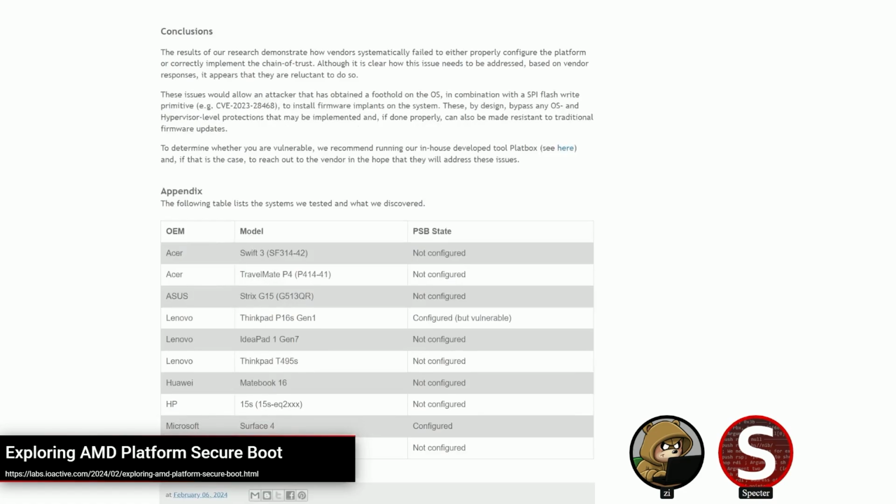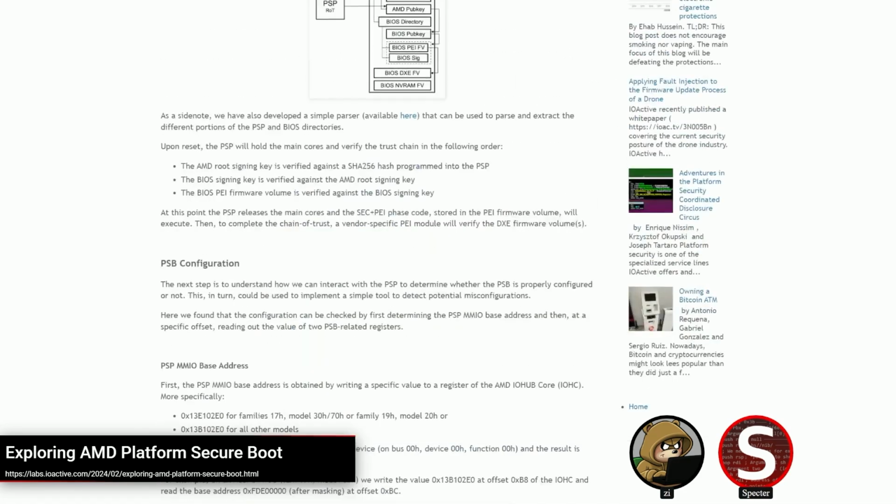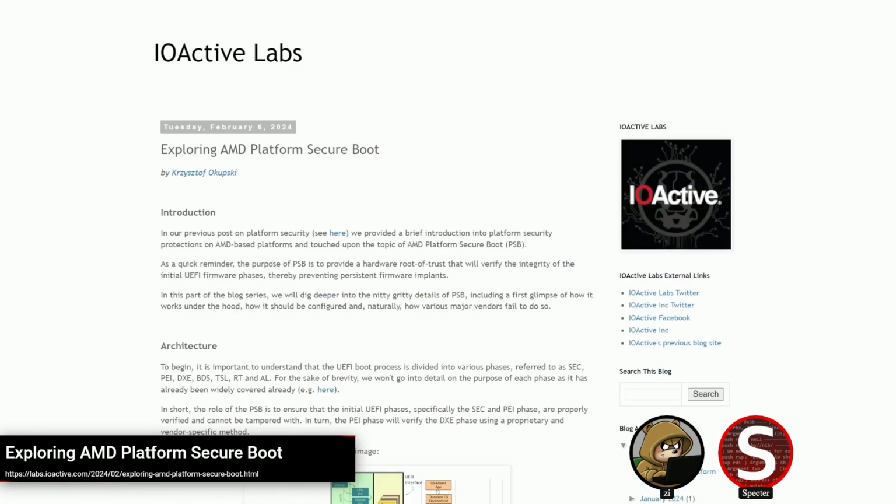So there's some cool stuff there. Not a ton of new stuff, I don't think. Like I said, a lot of this was covered in their presentation, and it's a continuation of a previous blog post they made. But if you're interested in platform secure boot and secure boot in general, there will be some interesting stuff in there for you.